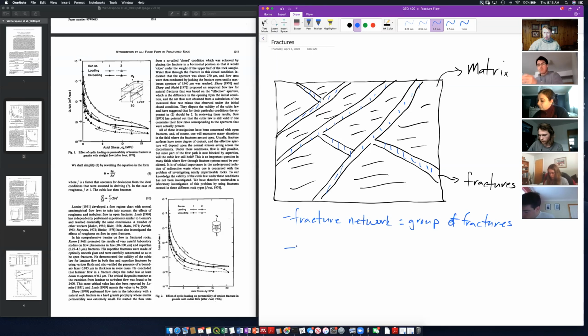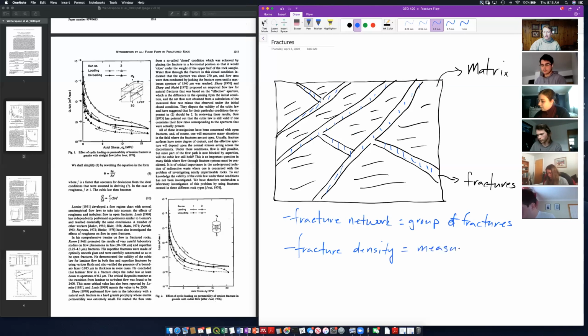We're going to define a lot of these terms more rigorously, but just so we can get a conceptual idea, we have a fracture density, which is basically some measure of how many fractures we have in our media.